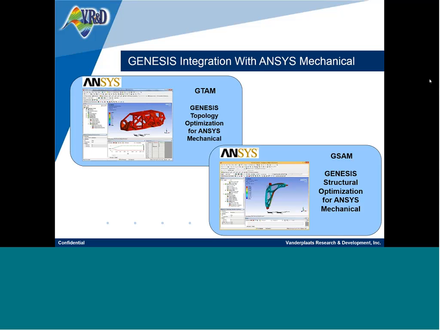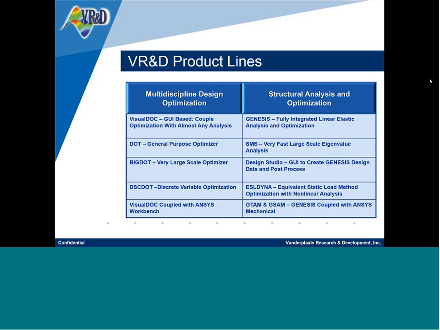We have a full integration of Genesis within the ANSYS environment, so you can use it as a backend solver and work within the ANSYS environment, and do all the optimization that Genesis can do.